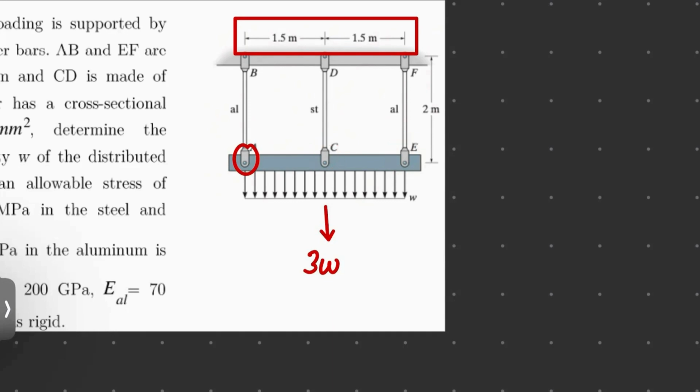Therefore, when we have downward forces due to the distributed loading, A, C, and E would have forces directed upwards. So let's label this as FAB, this as FCD, and lastly this as FEF. We also know the components or the materials used. So it's important to also take note of that.